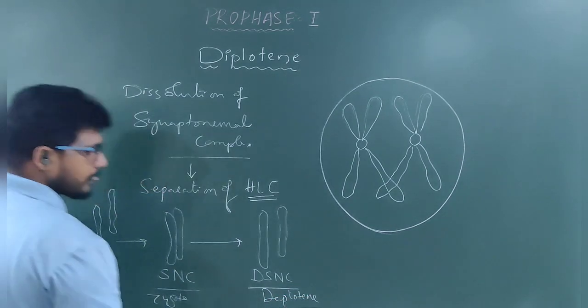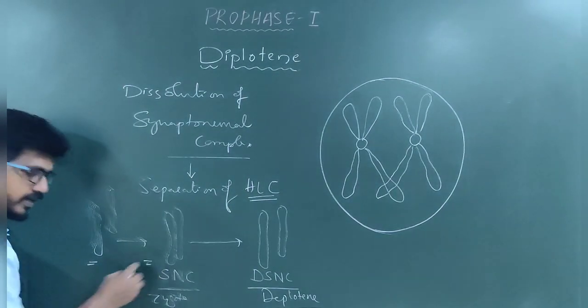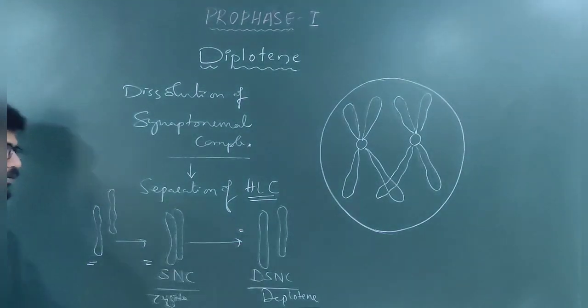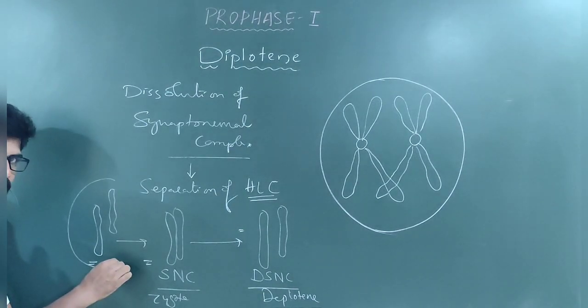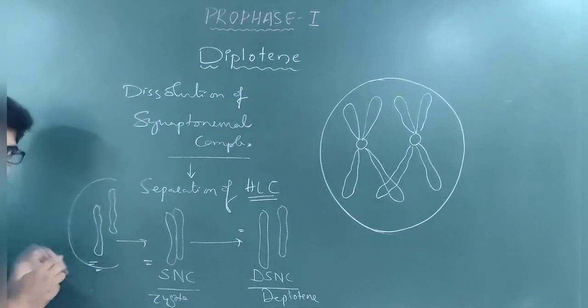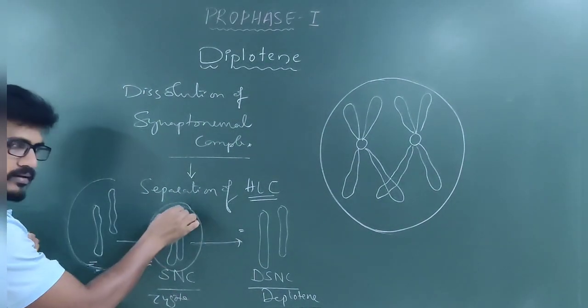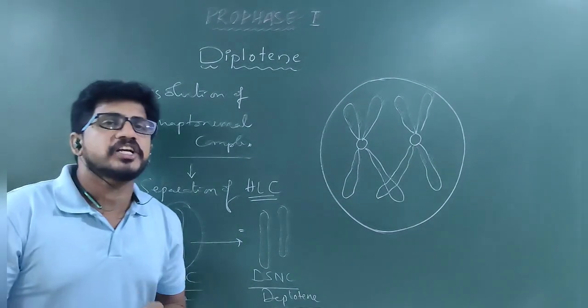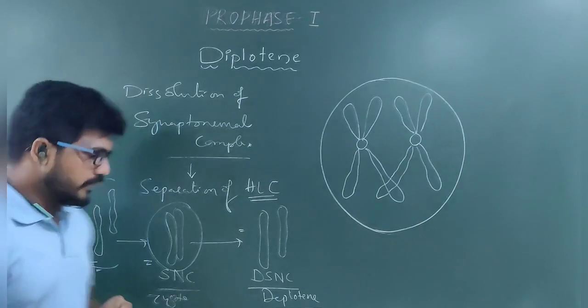One should observe that: why they are free, why they are combined, and again why they become free. I will tell you a simple logic. They are free because they have not exchanged their materials. They are combined because they have to exchange their information. That is the specialization in meiosis.